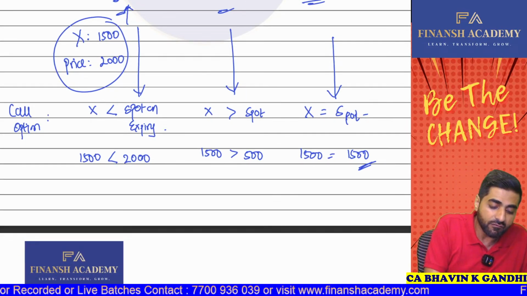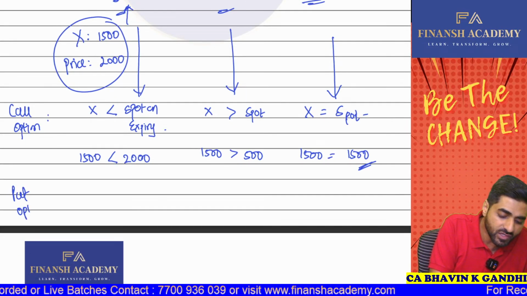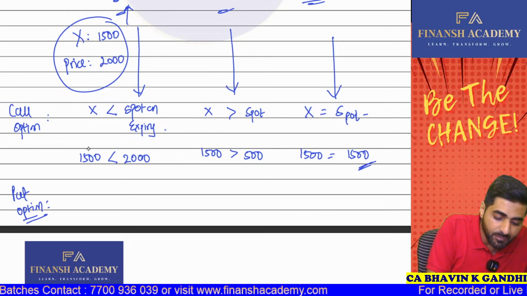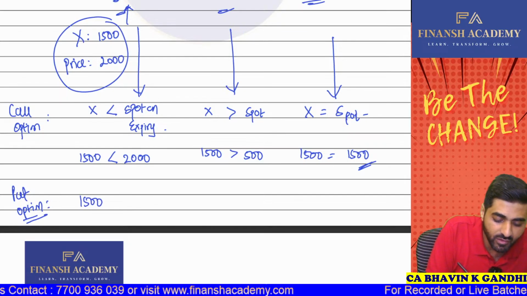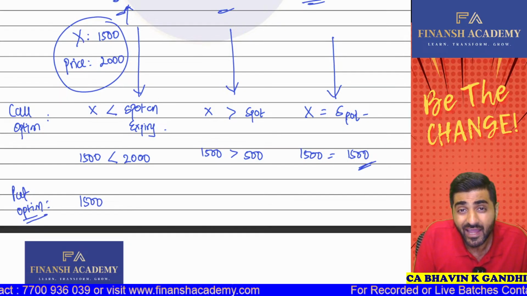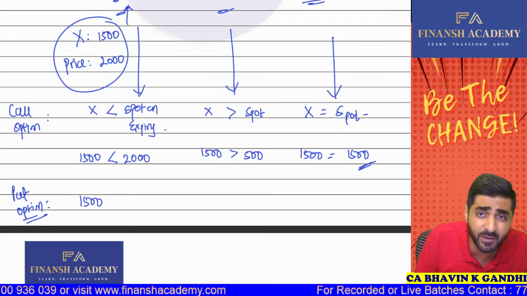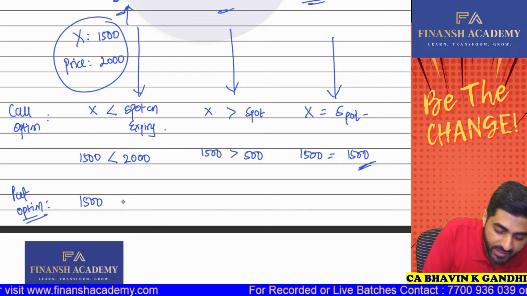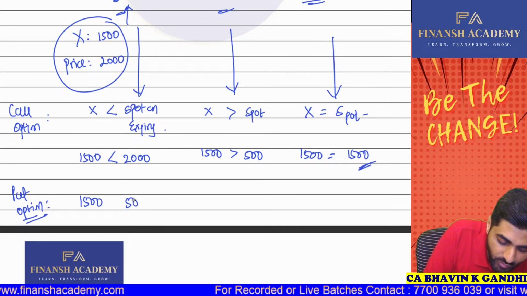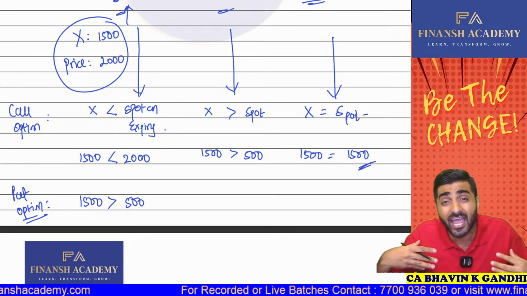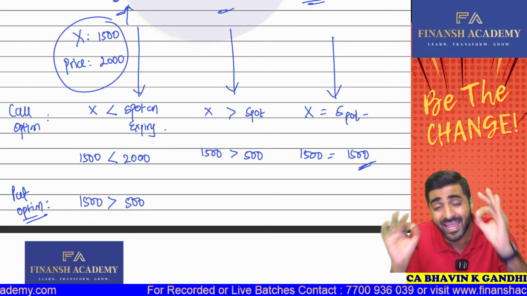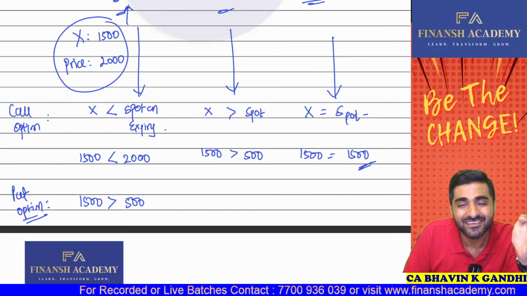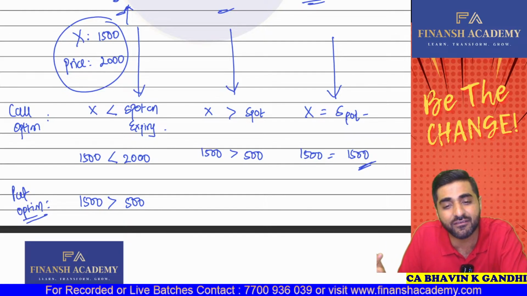Similarly, my dear students, for a put option also, suppose the strike price is 1500, and suppose the spot on expiry is 500 rupees. Now for a put option, I have a contract which allows me to sell these shares for 1500 rupees, and the spot which is going on is 500 rupees.